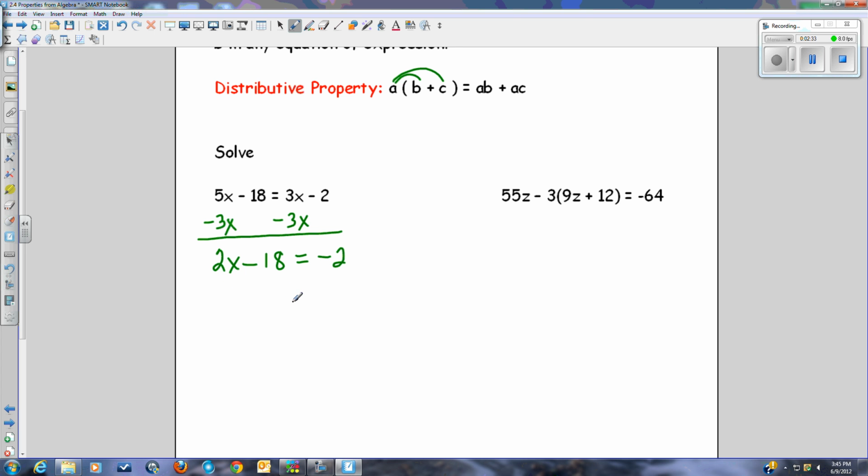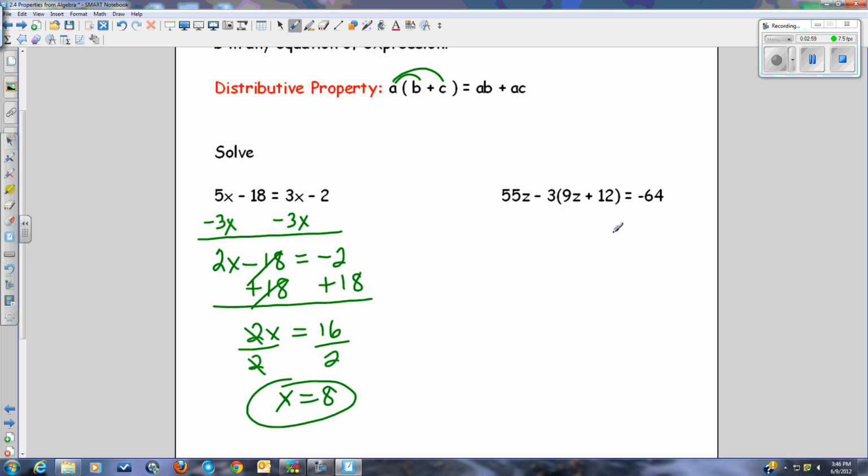So we want to get rid of everything around the x, so let's add 18 to both sides. Notice we're doing the same thing to both sides at all times. The 18s cancel and you have 2x equals 16. Get rid of the 2 in front of the x by dividing each side by 2. And x equals 8.